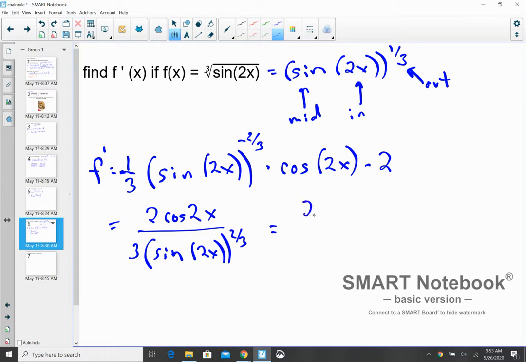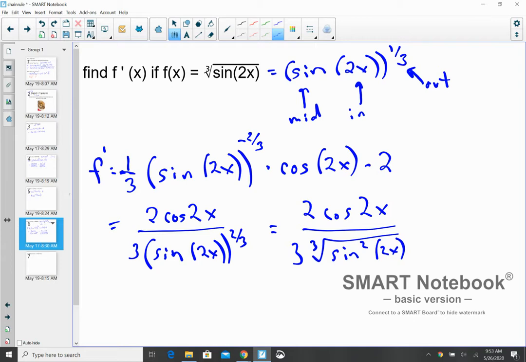Or if you're deciding to bring the whole radical stuff back in, you have a cube root of the sine squared of 2x. Remember, when we write exponents, like a square, it goes after the word but before the angle. So it looks something kind of like that.